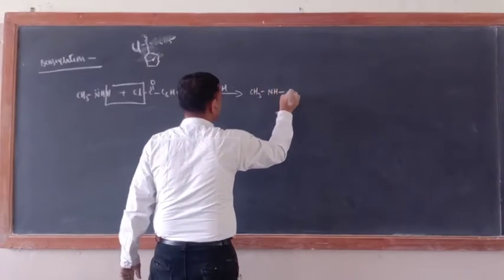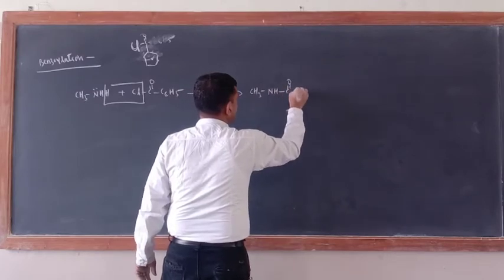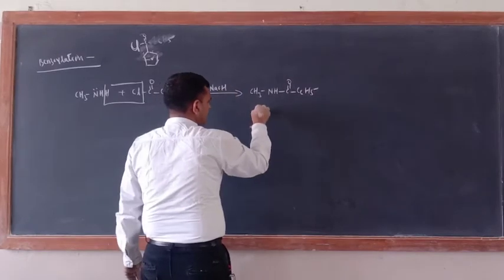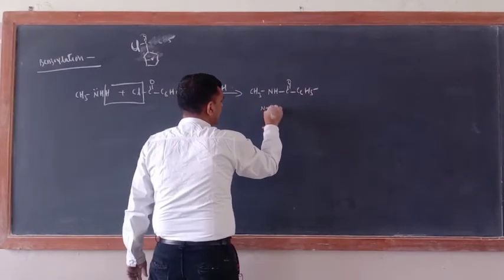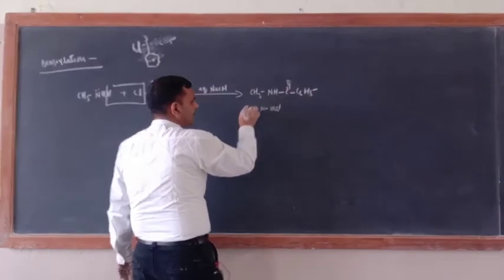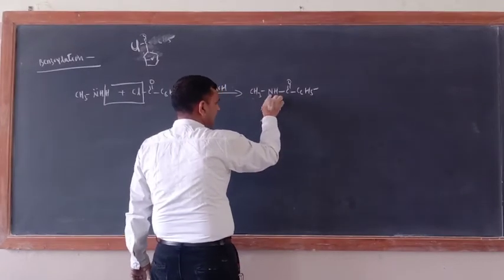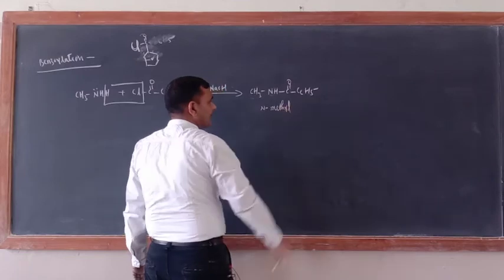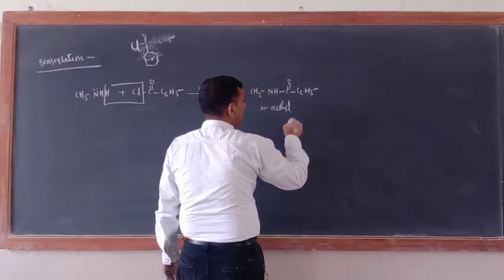CH3NH, and here C6H5CO. Now what is the name of this one? With N, the methyl group is attached, so N-methyl. What is this one? Benzamide.